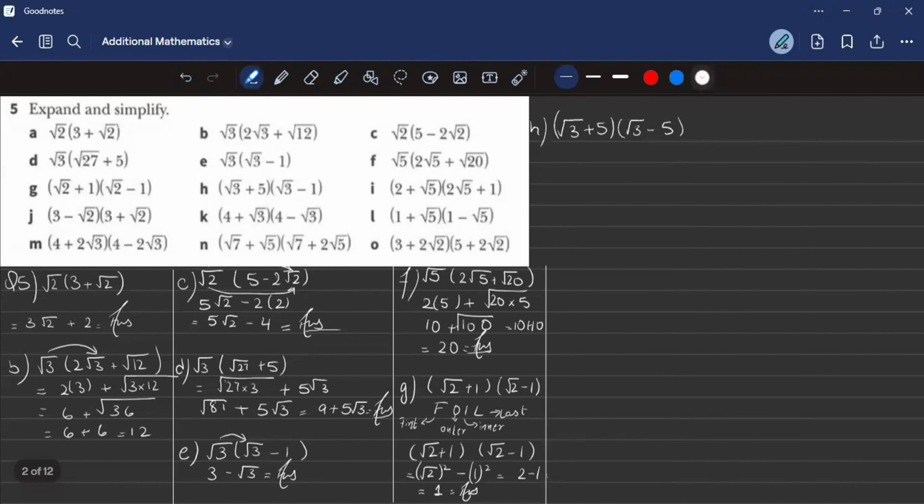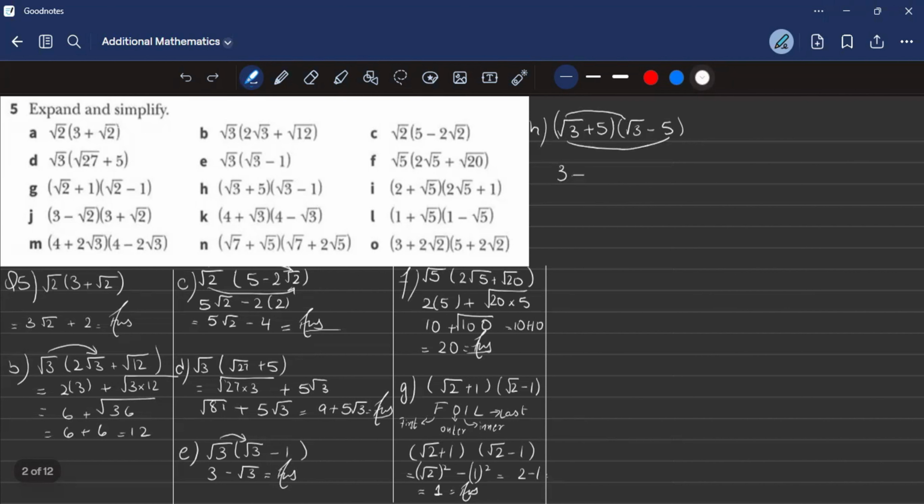The FOIL method, as I've told you. First, the first values of both expressions are multiplied. Square root of 3 multiplied by square root of 3 is 3. Then the outer value: square root of 3, the outer value for this bracket and the outer value for this bracket.